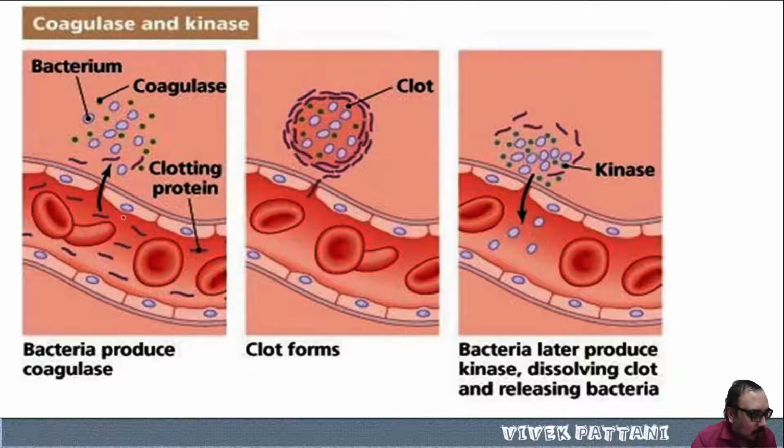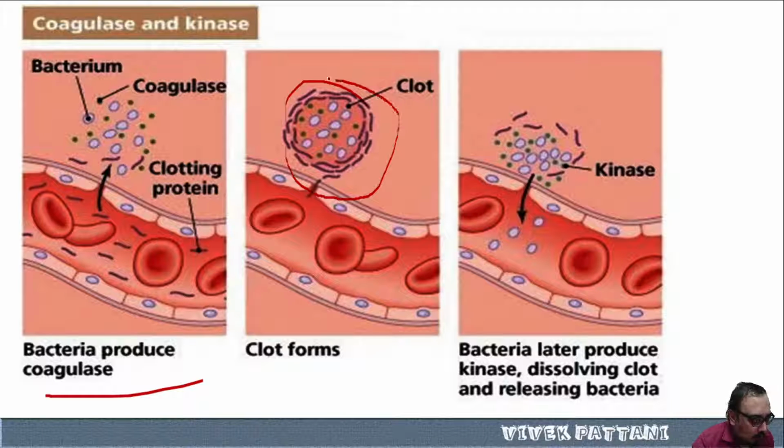Now please check the diagram, where the enzyme coagulase is produced by the bacteria. And what will they do? They will form a clot around them.